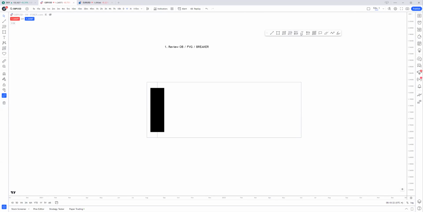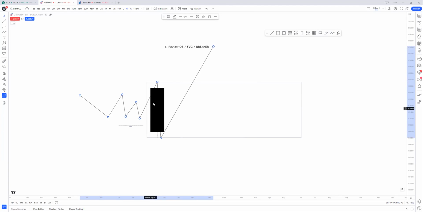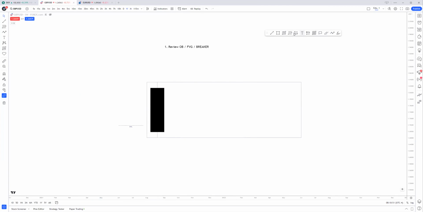We want to see it come from a sweep or a draw on liquidity, right? It's the last down close candle with the biggest body, so the biggest area between the open and the closing price, so most pips.